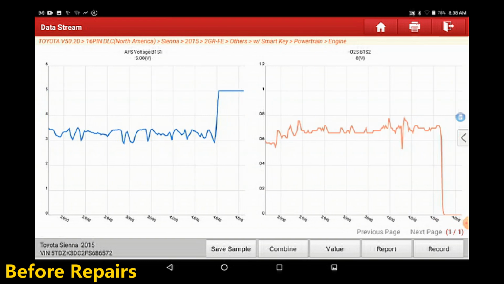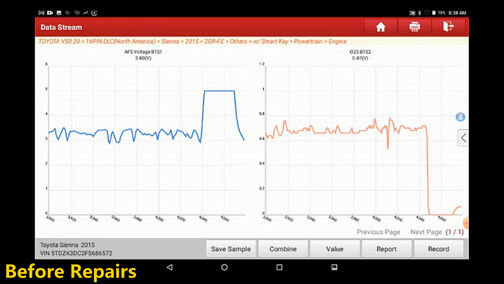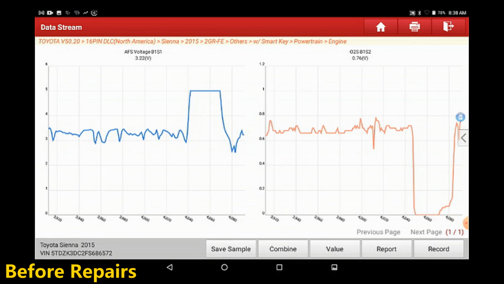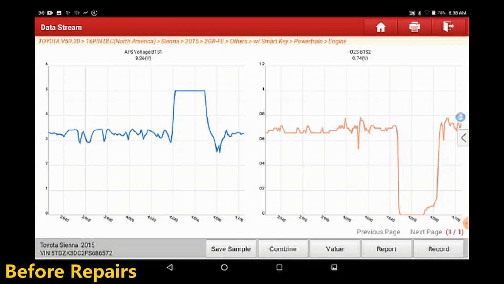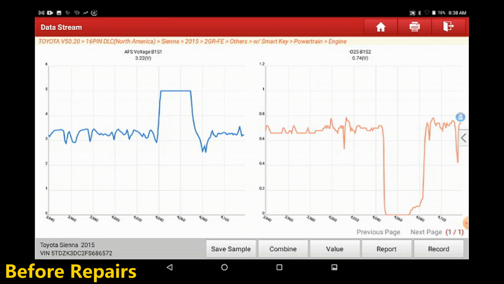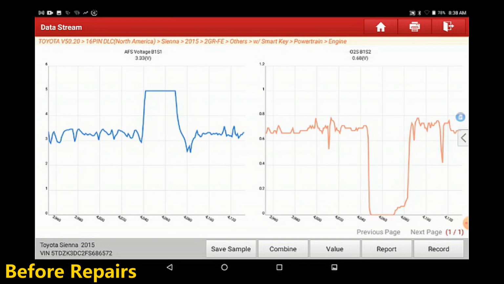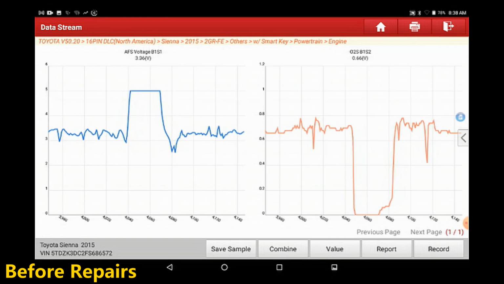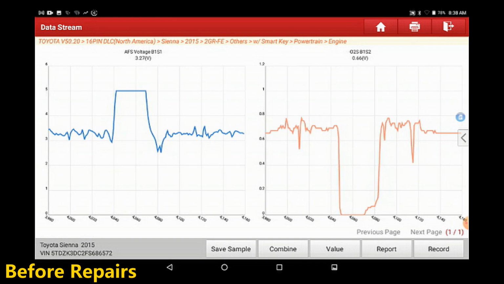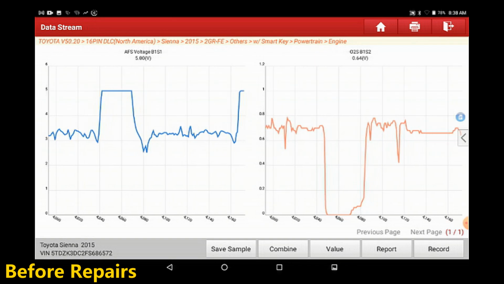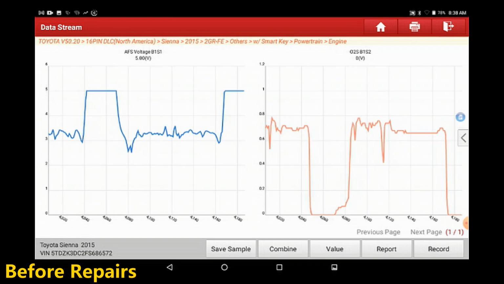So it's not converting the pollution into less harmful pollution. And that's what's happening here. You can somewhat see that the oxygen sensor is copying what the air fuel sensor is doing.